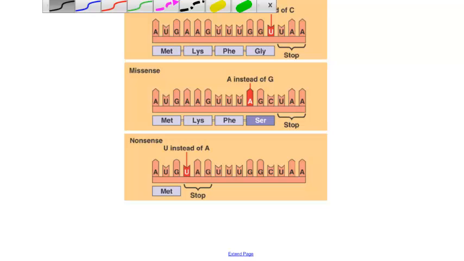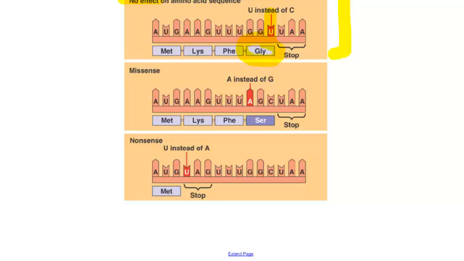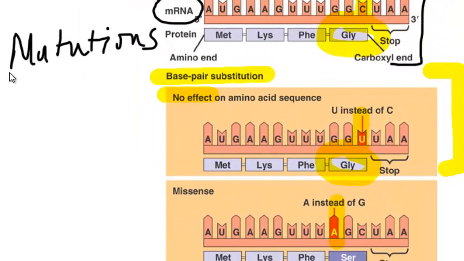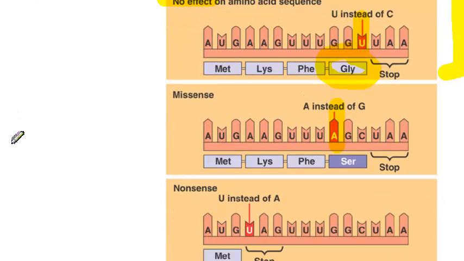In this one, it got mutated into an A instead of a G. GGC was the original codon, and it is now AGC.